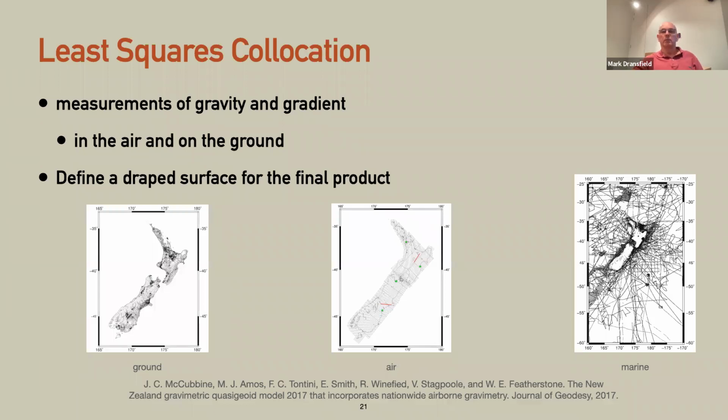And so they were looking at ground gravity. So the image on the left shows you the station locations of the ground gravity. Airborne gravity, the image in the middle shows you the line paths taken by the aircraft for the airborne gravimetry survey, and marine gravity from the tracks shown on the image on the right.